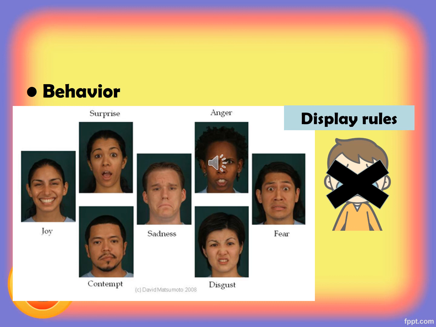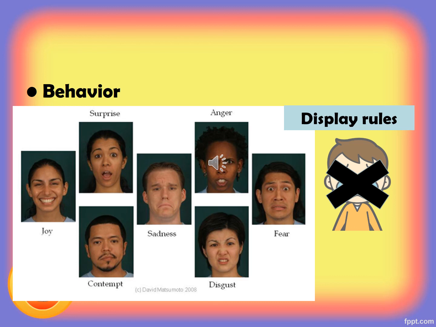But why is it that, even though Japanese people are happy just as Americans are happy, their ways of expressing it seem different? This is actually influenced by the display rules. They teach us how to control the display of emotion in a social setting.